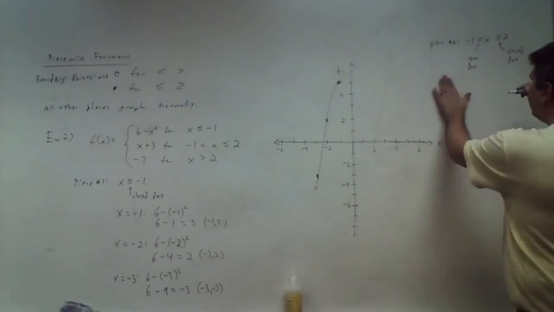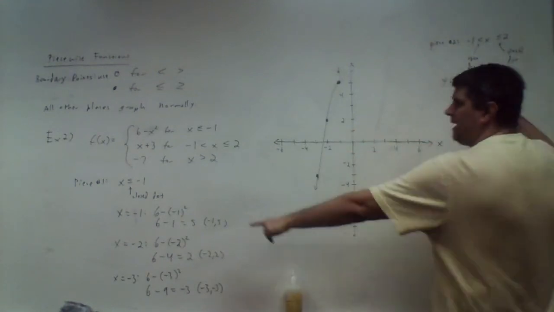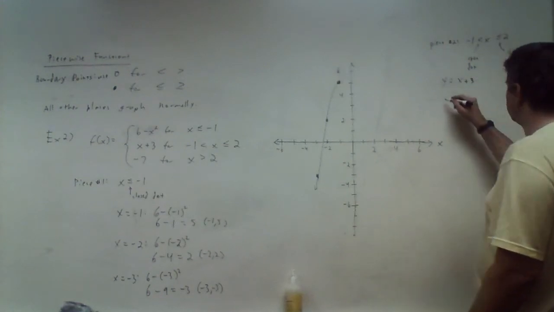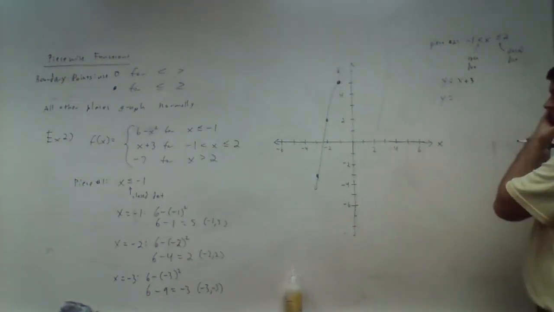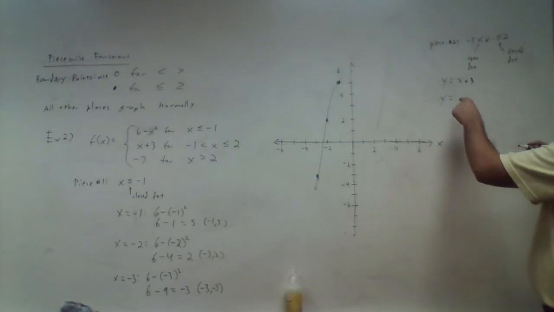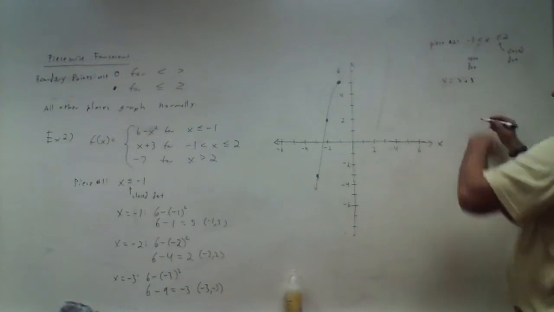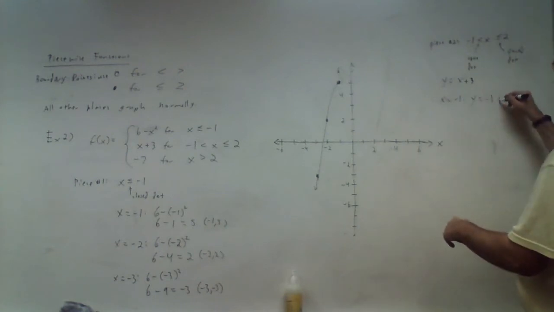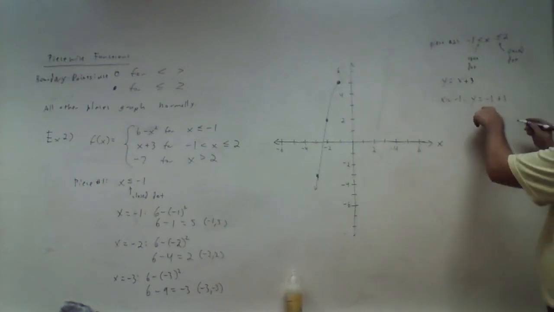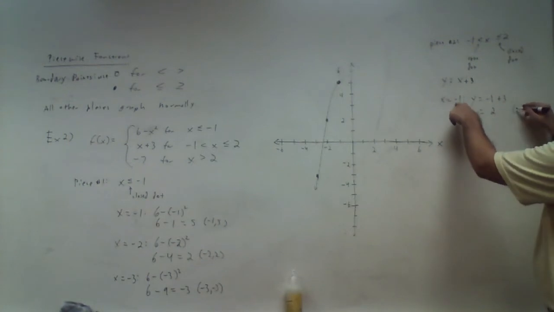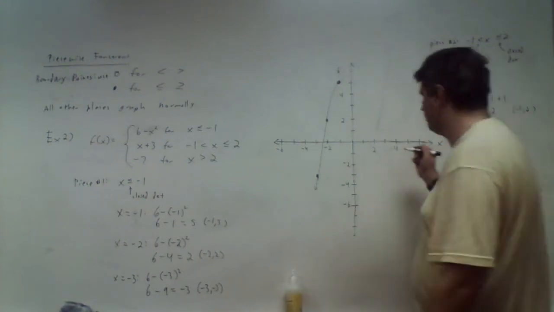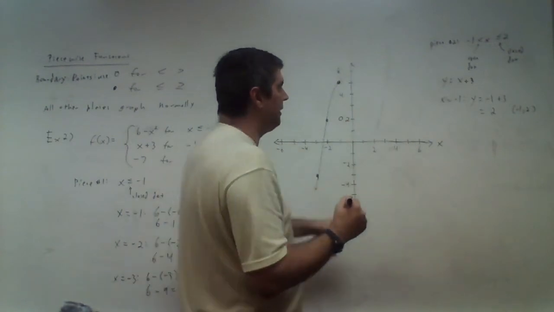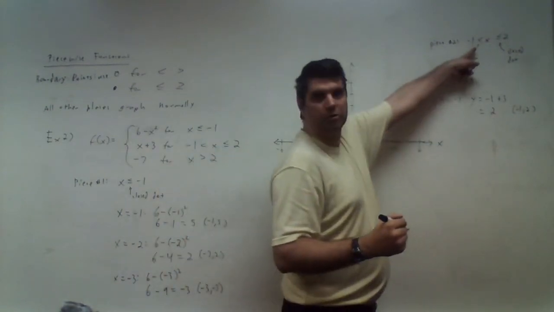By the way, the rule in piece number 2 is that y equals x plus 3. So here's the first boundary point, x equals negative 1. So y equals negative 1 plus 3, which is 2. So negative 1, 2. That's going to be an open dot because it's not or equal to.